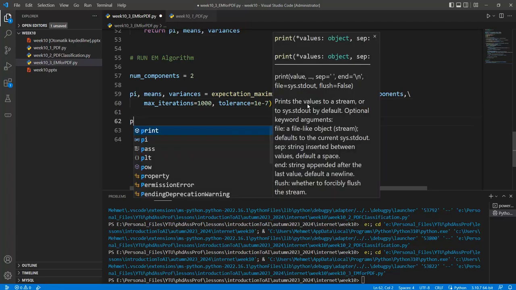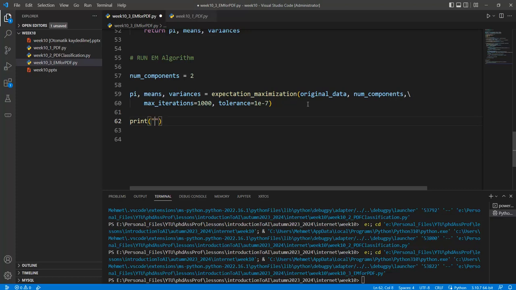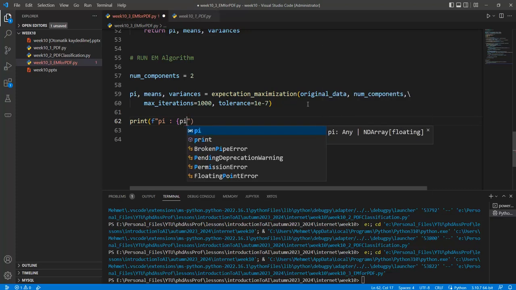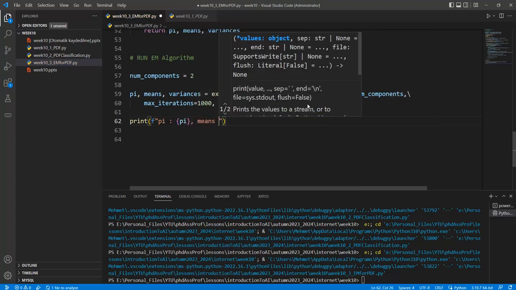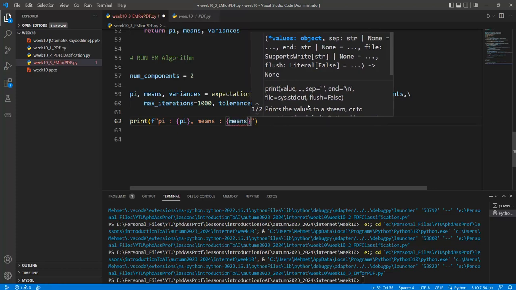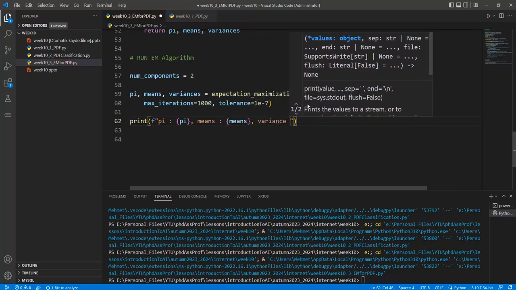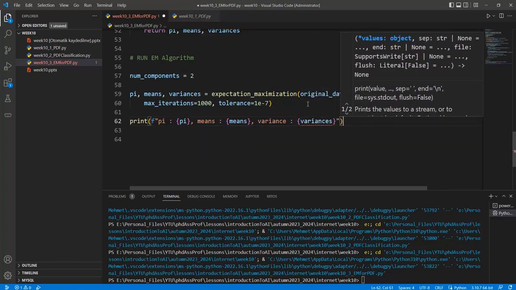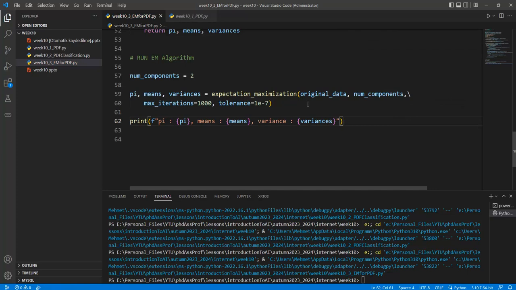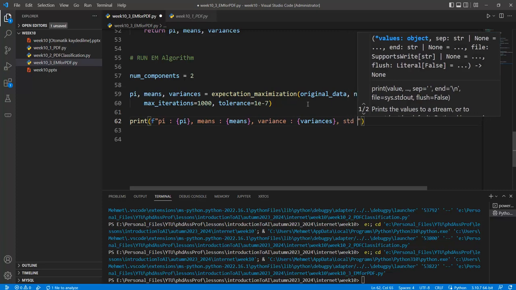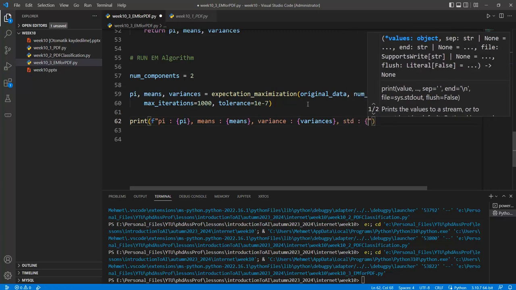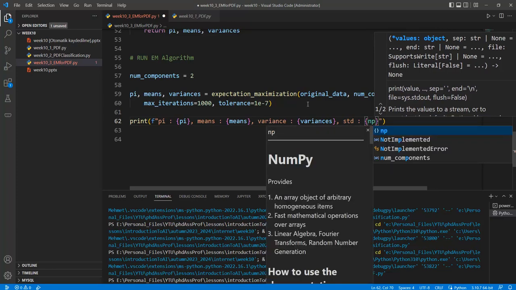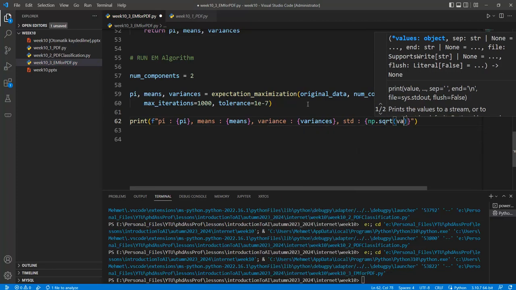values. Okay, after that we should give the F pi equal to pi, means equal to the means, and variance equal to the variance. These are the corrected values of these terms, and we also give the STD, standard deviation values, with np.sqrt of variance.